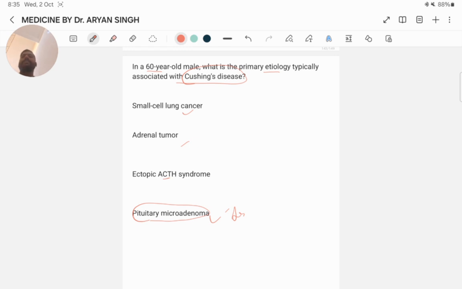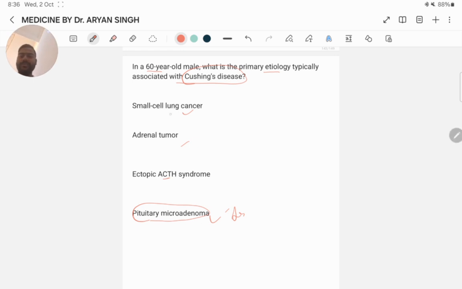Cushing disease is a type of hypercortisolism caused by an ACTH-secreting pituitary adenoma, a benign tumor in the pituitary gland. This type of tumor overproduces ACTH, which stimulates the adrenal gland to produce excessive cortisol.